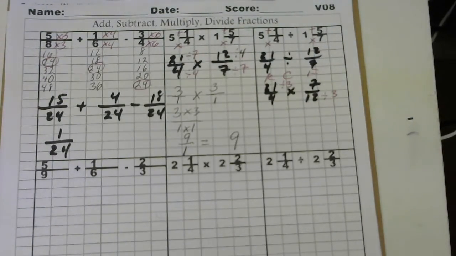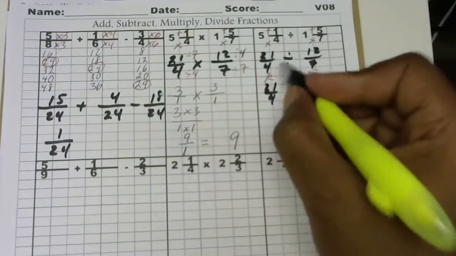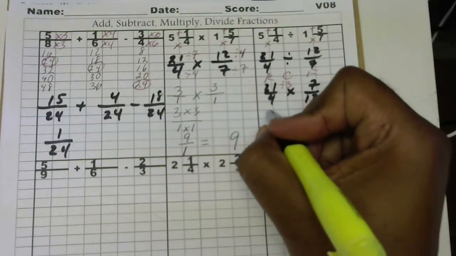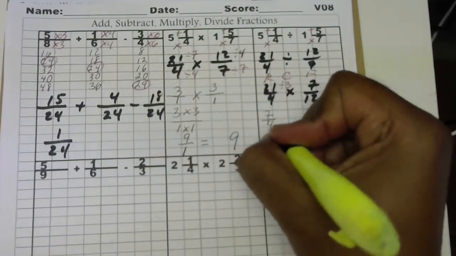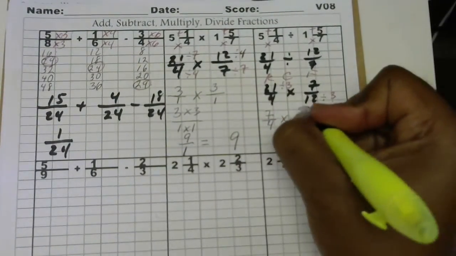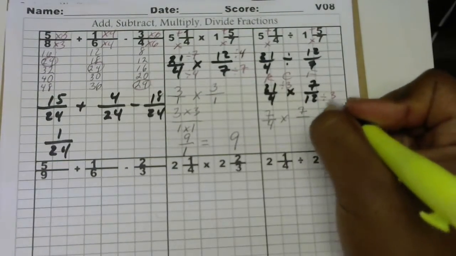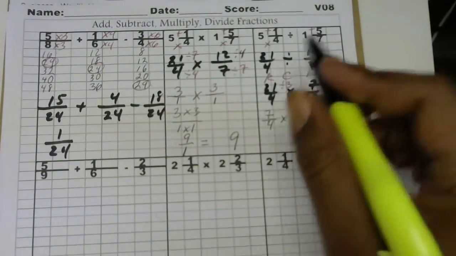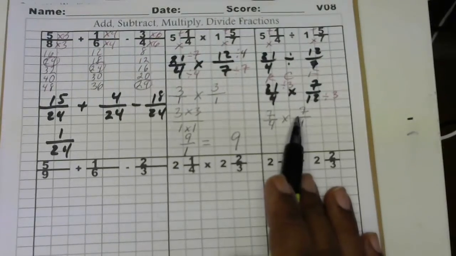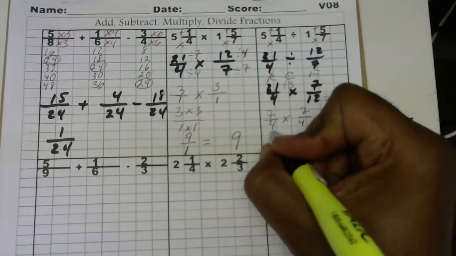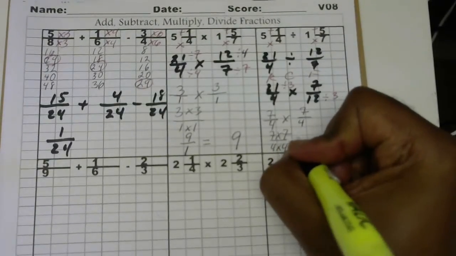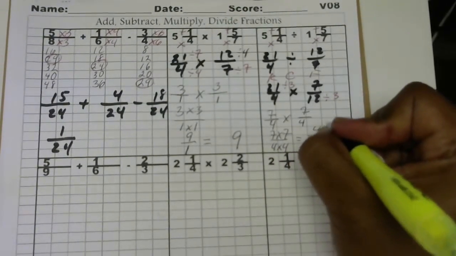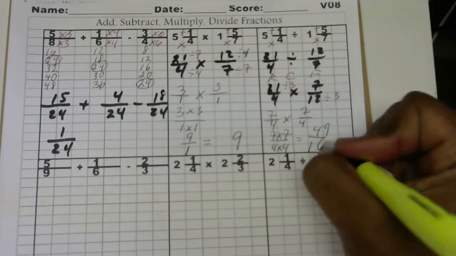And I'll use a thinner pen now. 21 divided by 3 gives me 7 over 4, and 7 here. And 12 divided by 3 gives me 4. So what I now have is a 7 times 7, and a 4 times 4. Well, 7 times 7 is 49, and a 4 times 4 is 16.